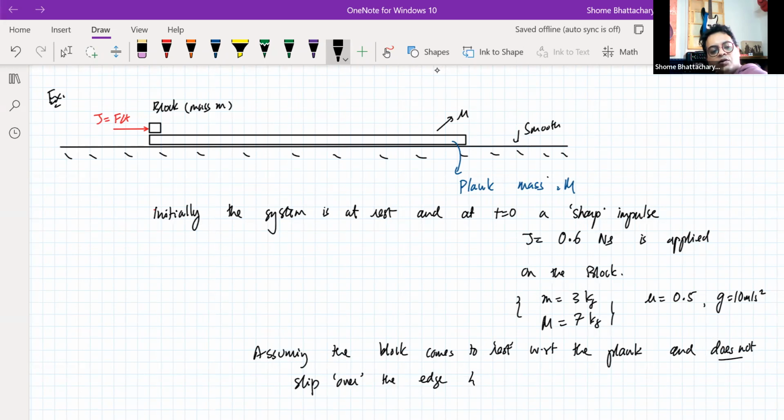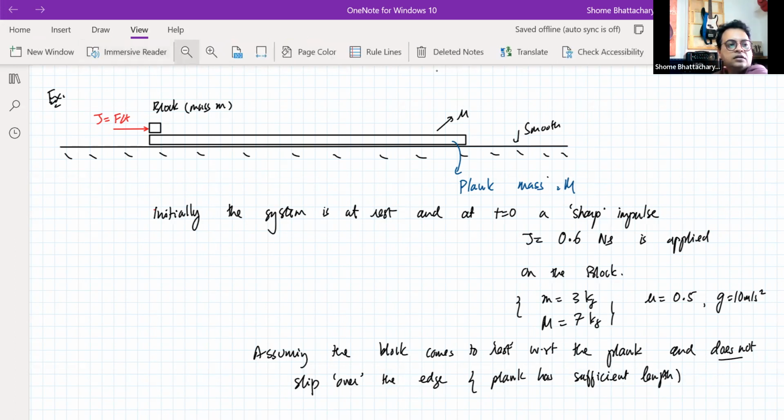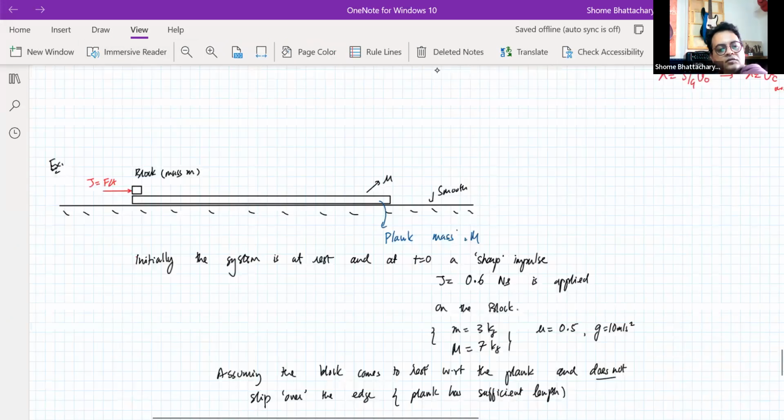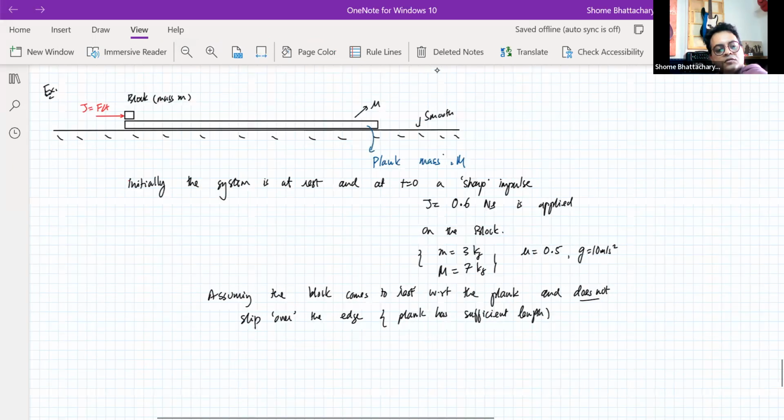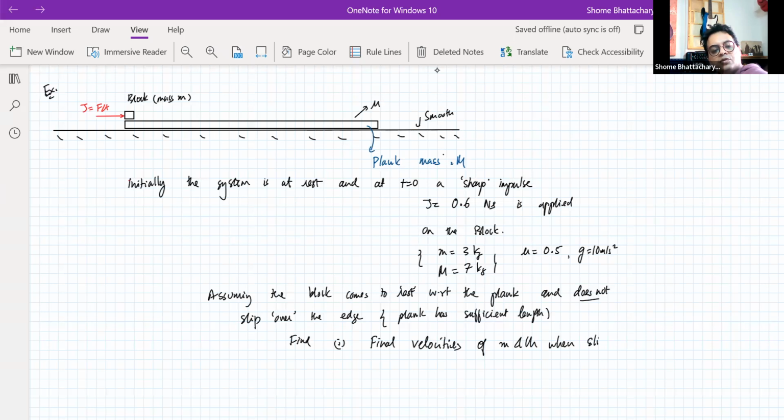So the plank is long enough, has a sufficient length for that. So with this assumption, we want to find the final velocities of m and capital M when slipping stops between them.